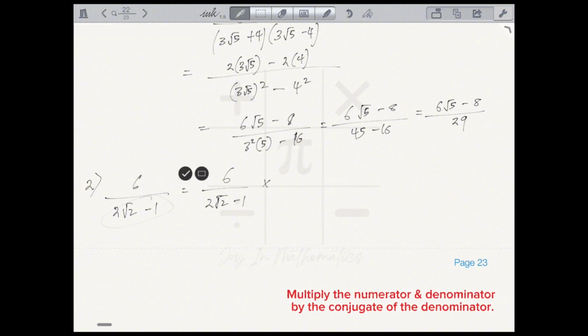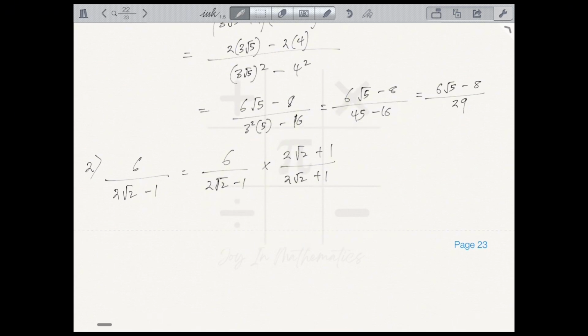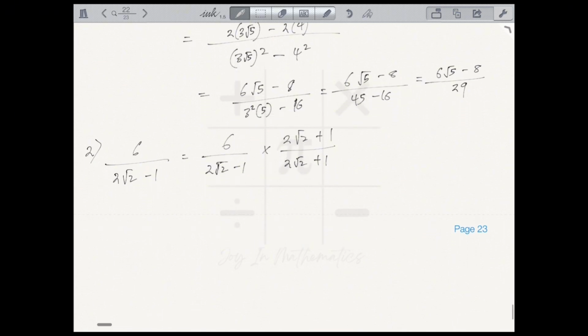The conjugate of the denominator is 2 root 2 plus 1, because this is minus. So this gives us 6 multiplied by 2 root 2 plus 1 divided by 2 root 2 minus 1 multiplied by 2 root 2 plus 1.